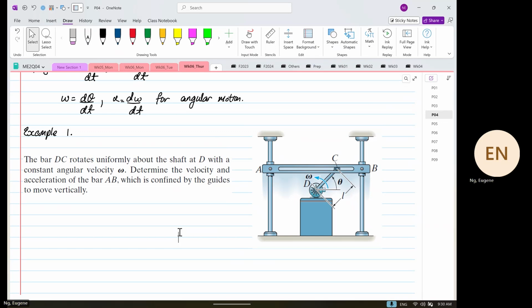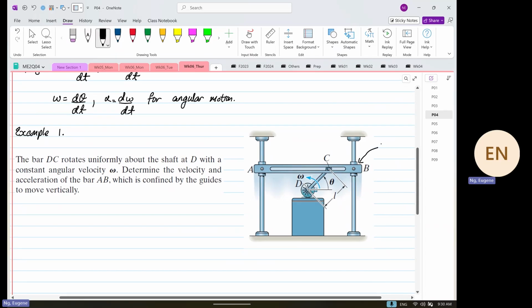So we want to determine what is our VAB, and we want to determine what is our AAB. The VAB and AAB is related to our what? To our omega over here, and also related to our arm over here.